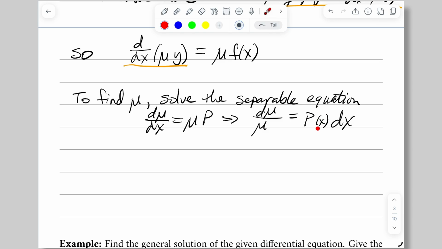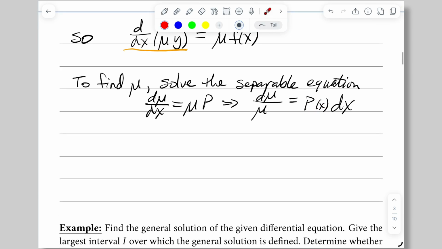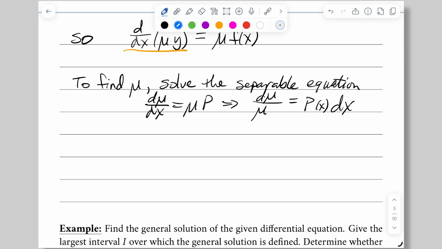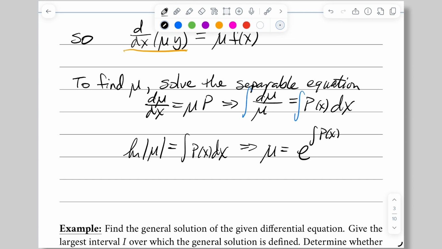I'm throwing in the argument for p so that you know it's a function of x. And we solve separable equations by integrating. So the natural log of the absolute value of mu turns out to be the integral of p of x dx, which then gives us that mu is equal to e to the integral of p of x dx.